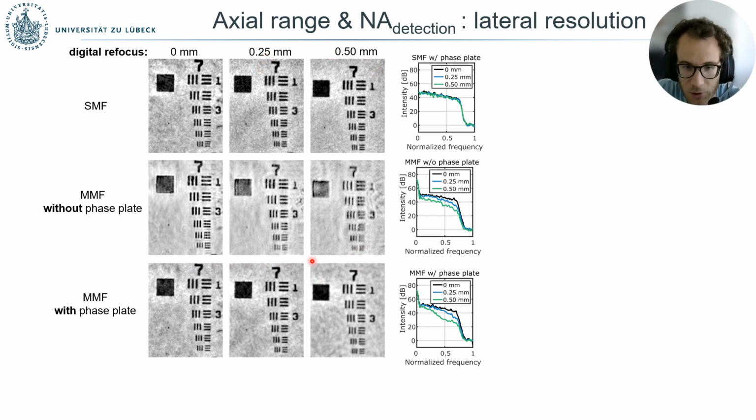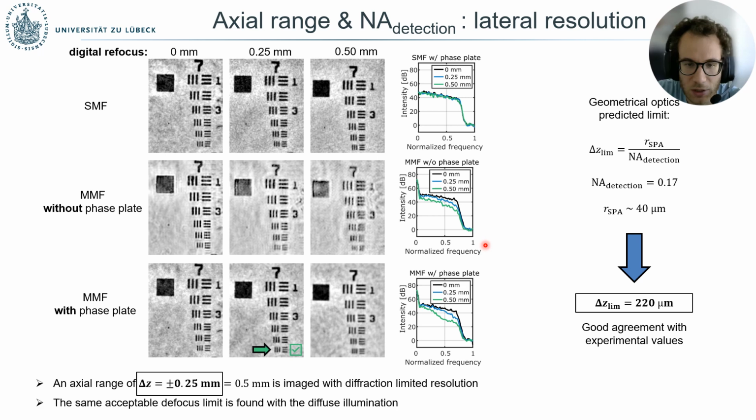So here the images have been refocused. When we look at the images themselves or at the Fourier transform of the complex hologram and look at the frequencies that we detect, we see that we're starting to lose more and more frequencies at depth, and that is true with or without diffusing illumination.